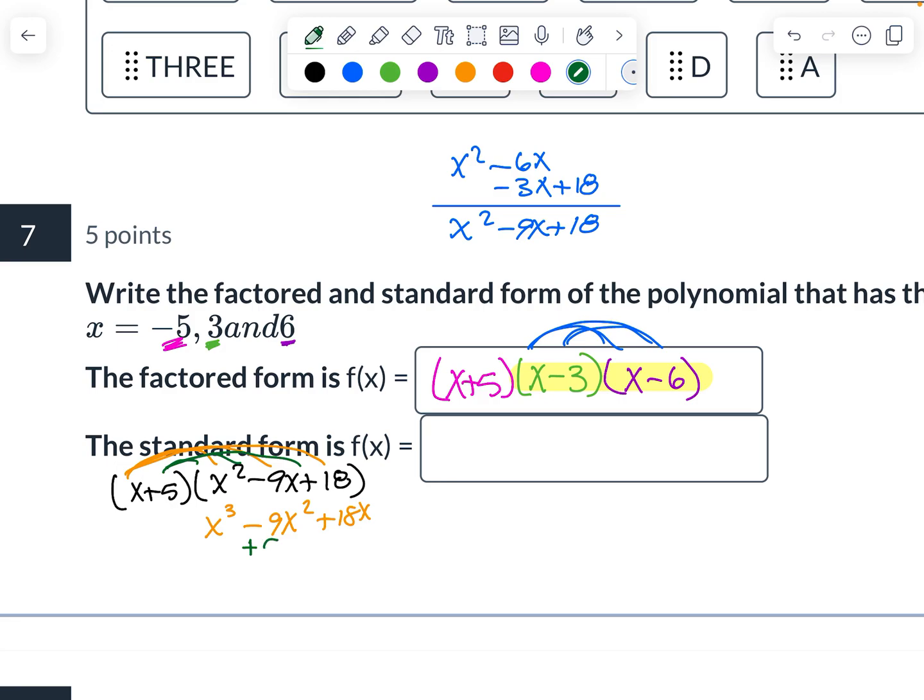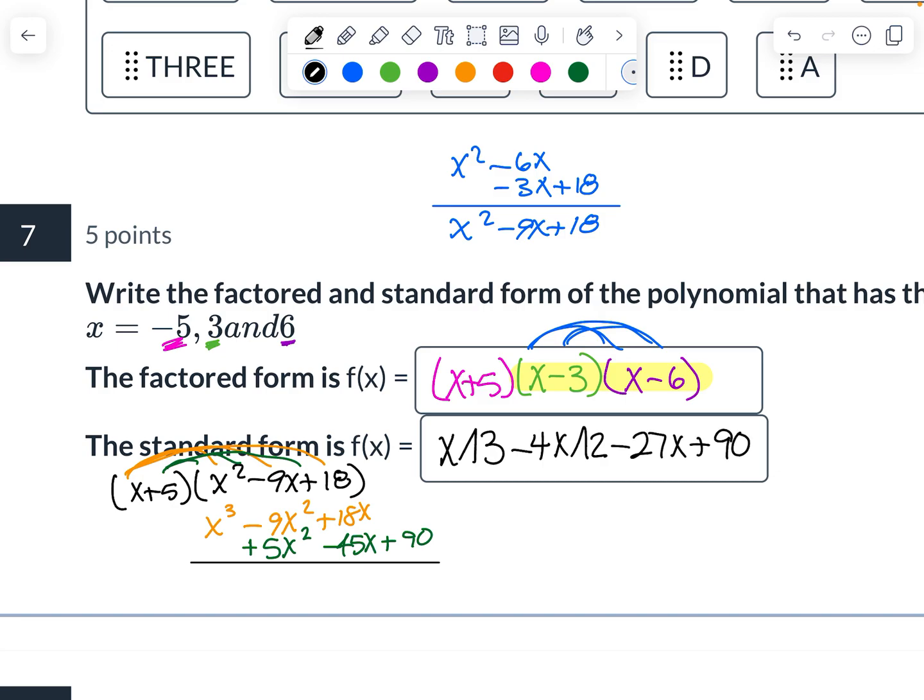That's going to give me a positive 5x squared, a negative 45x, and a positive 90. Then I'm going to add them together. And when I add them together, I get x to the power of 3 minus 4x to the power of 2 minus 27x plus 90. And that is the standard form.